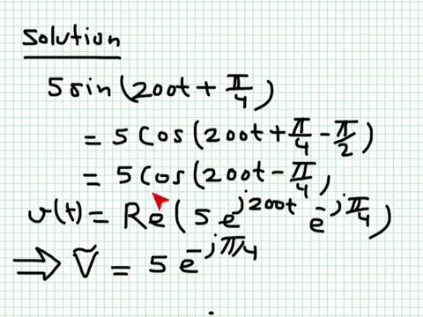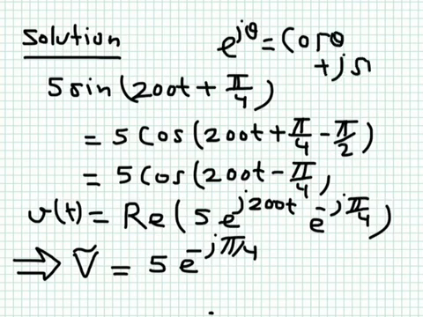So this cosine is nothing but the real part of the amplitude times e to the j of the rest of this quantity. Remember, this is something you have to remember all the time, that e to the j theta is equal to cosine theta plus j sine theta.